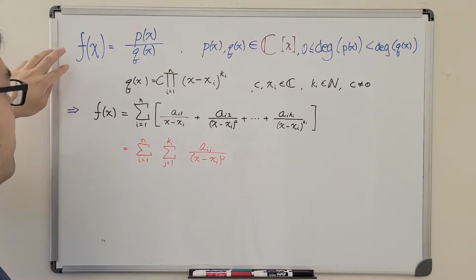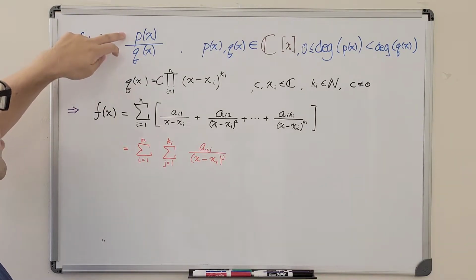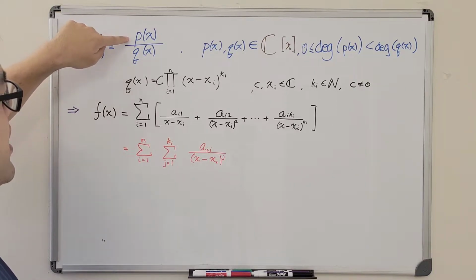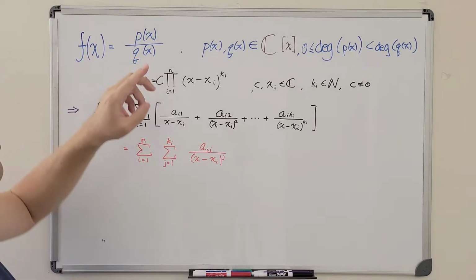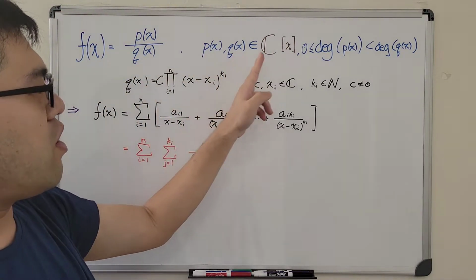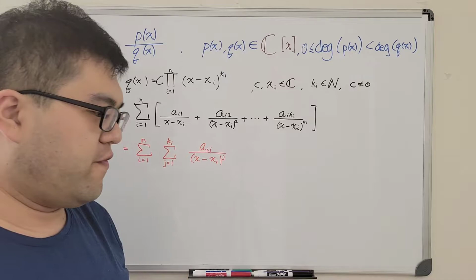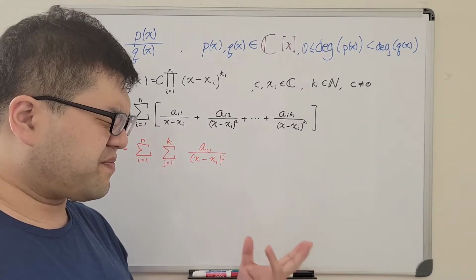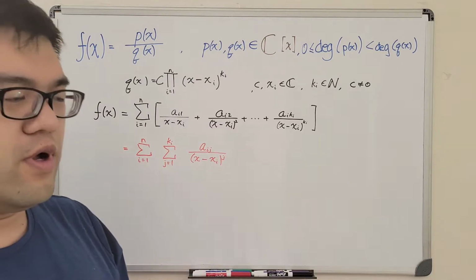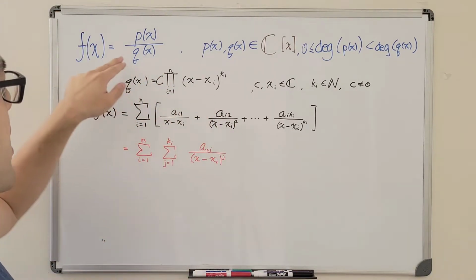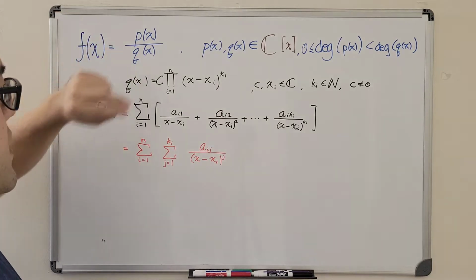Suppose we have a rational function f of x, which is written in the form p of x over q of x, where p of x and q of x are polynomials with any complex number coefficients.